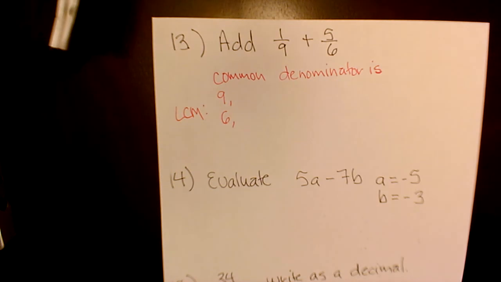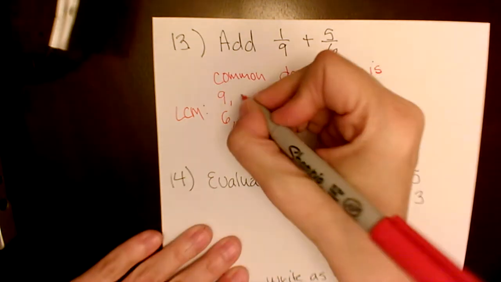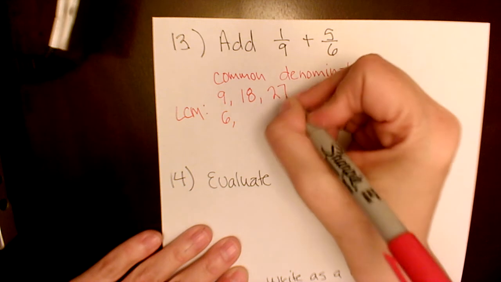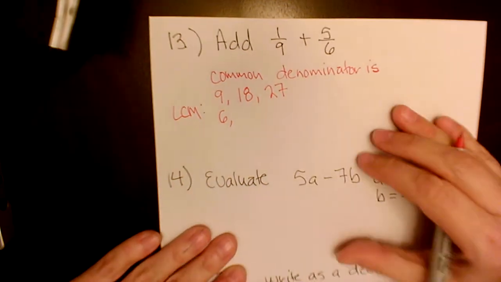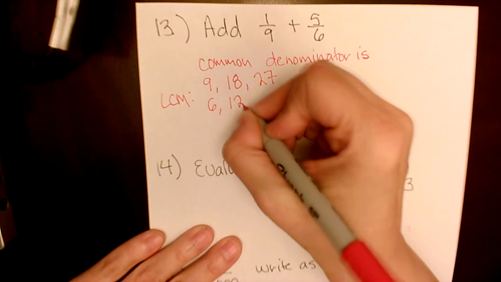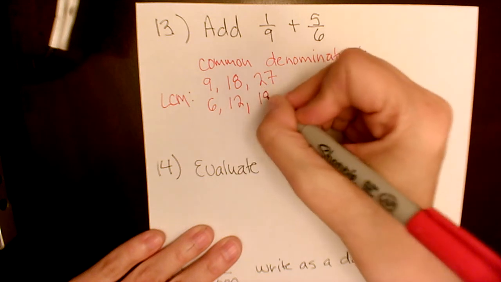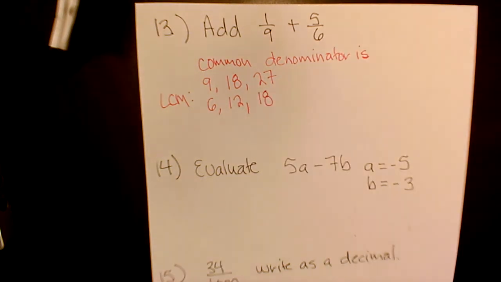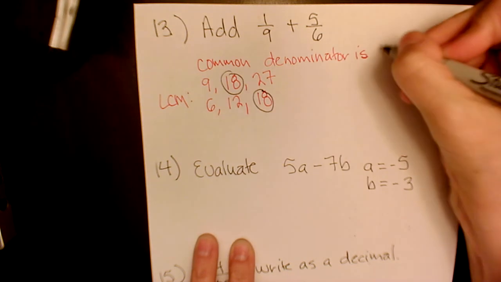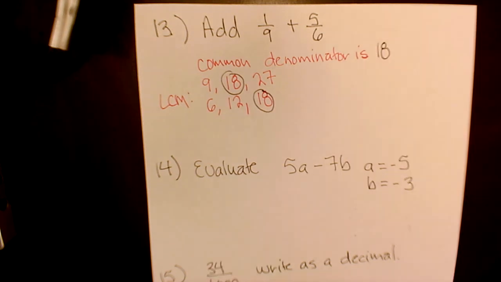So 9 times 1 is 9. 9 times 2 is 18. 9 times 3 is 27. 6 times 1 is 6. 6 times 2 is 12. 6 times 3 is 18. I've got a match. So 18 is my common denominator, because both 9 and 6 can go into 18 equally.